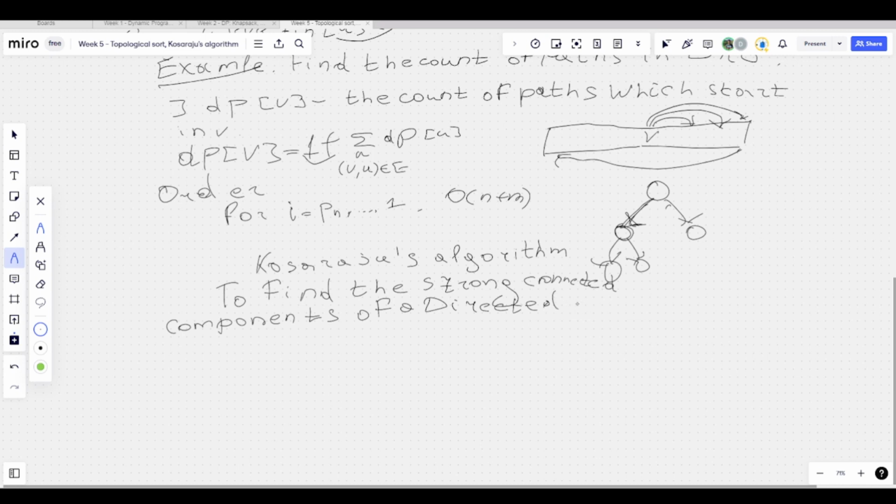Not only a directed acyclic graph, just a directed graph.